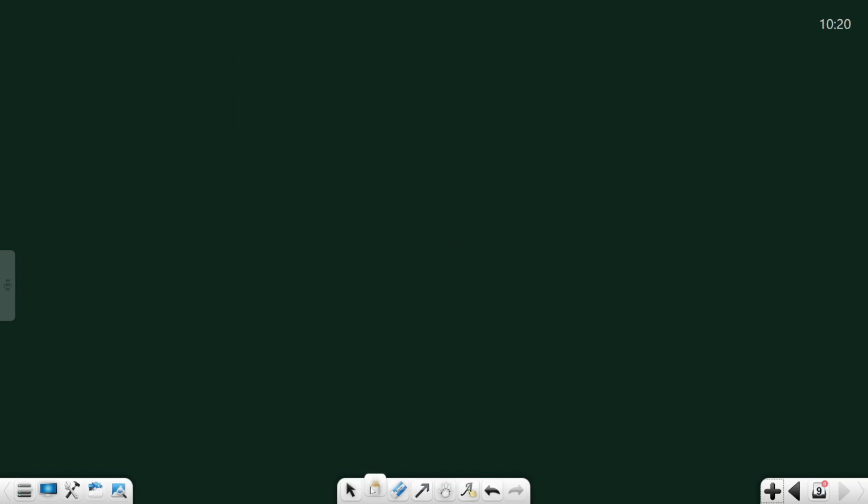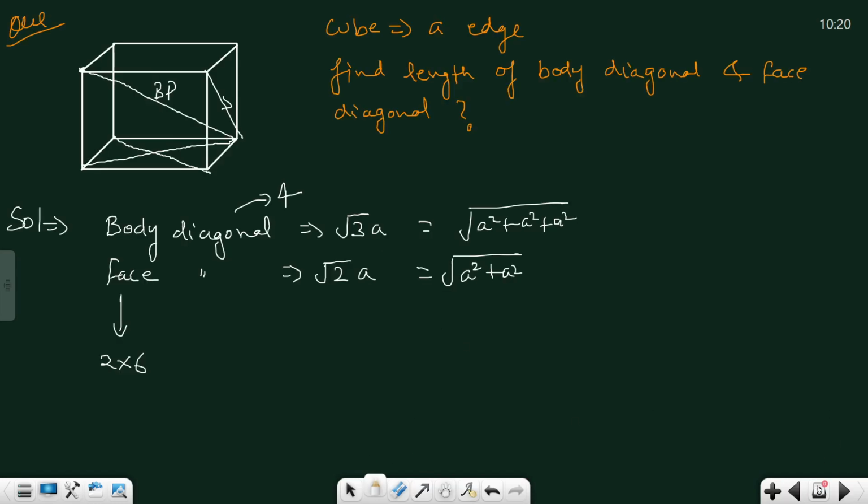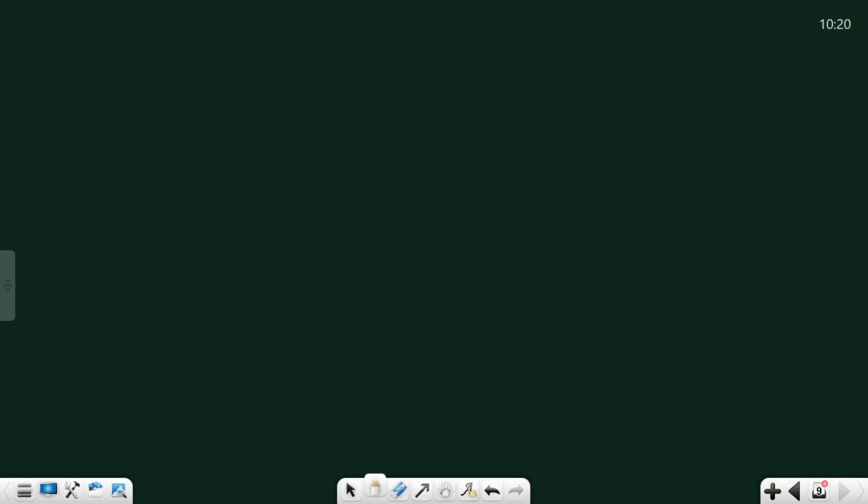So at this position, now you are able to tell what is a vector and what is a scalar.